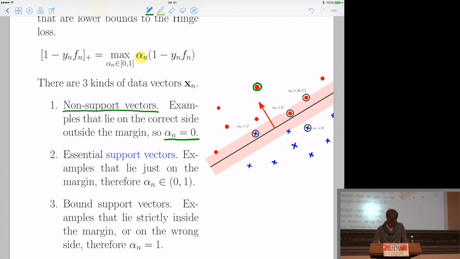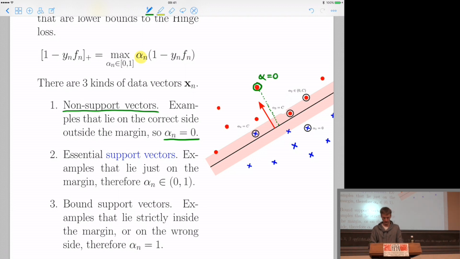What is happening with this point? It's outside the margin and it's on the good side. So its cost in the hinge loss is nothing. It's for free. This is a good point. This is a non-support vector, so its alpha is actually 0.